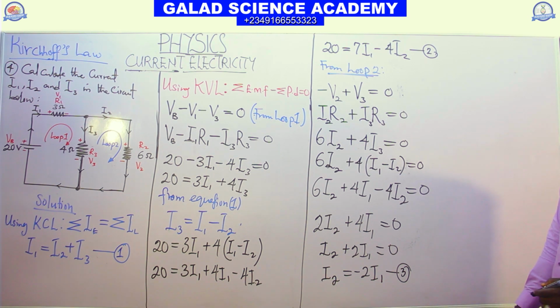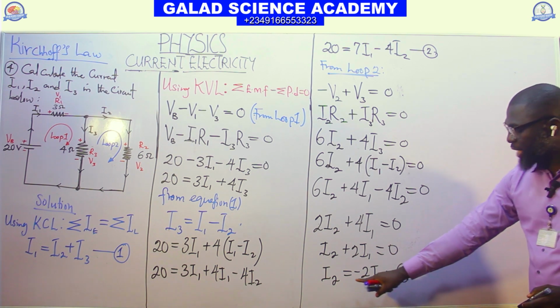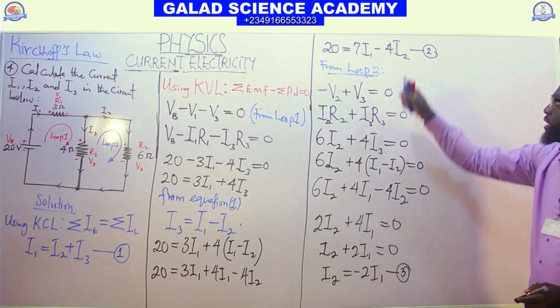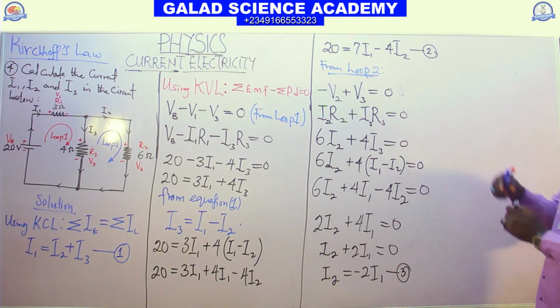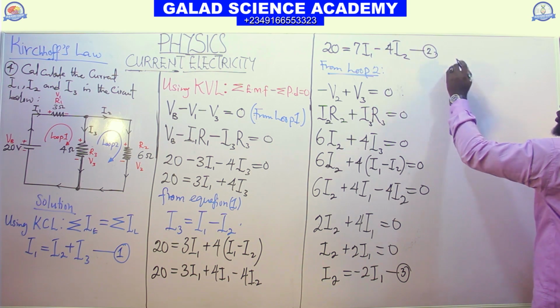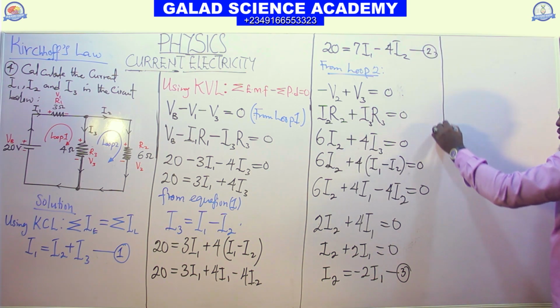Yes? So if I2 is minus 2I1, let me substitute for I2 in this equation. Yeah, let us do that now.